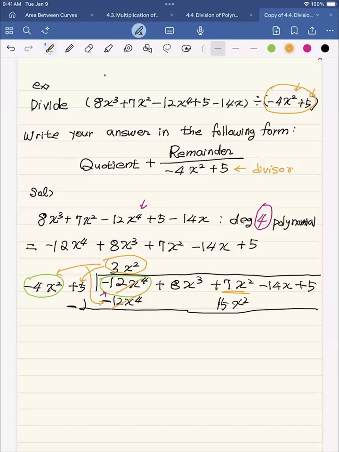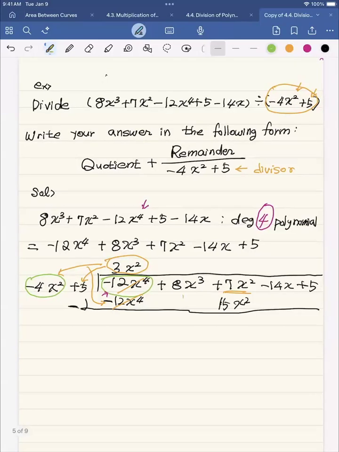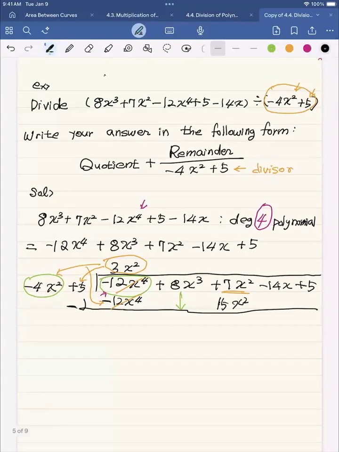And when we subtract, 8x cubed will remain the same, and 7 minus 15 will make minus 8x squared. Then we will just write minus 14x plus 5.